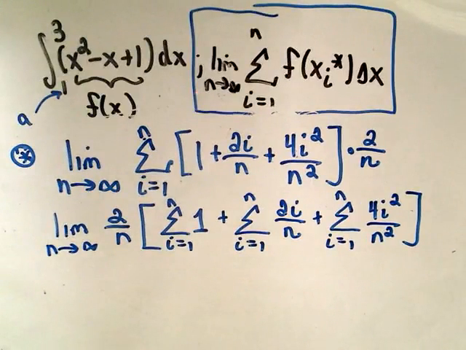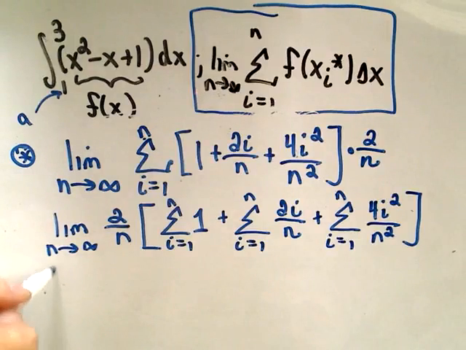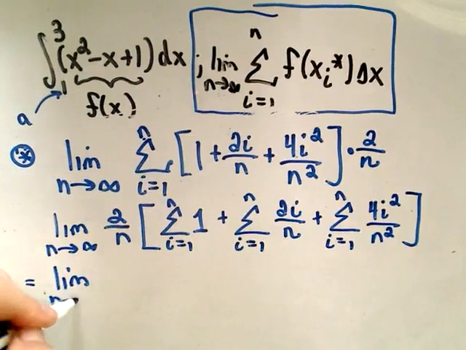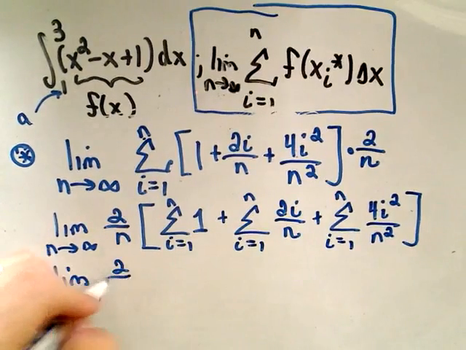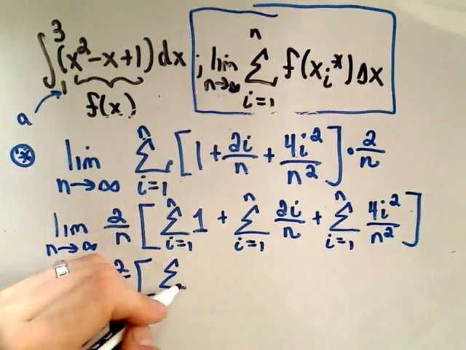And then I'm going to do the same thing that I did with my n. I'm just going to pull everything except for i's out front. So I'm going to write this limit as n goes to infinity, 2 over n. The first part we'll just leave alone.